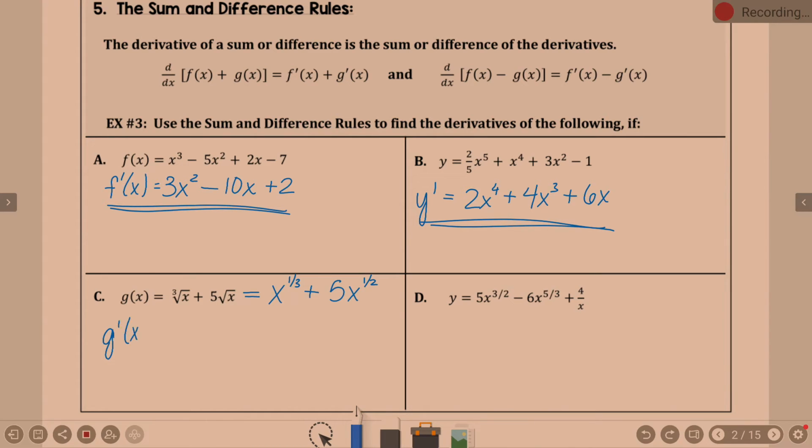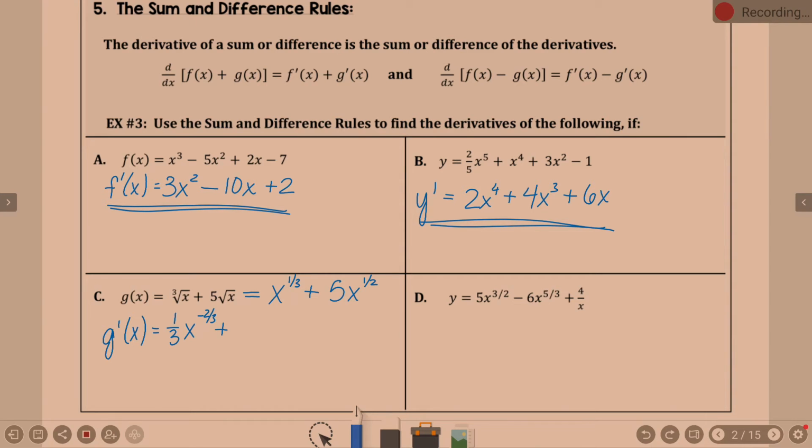Okay, g prime of x. Derivative of x to the 1/3: one-third comes out front. x to the negative 2/3, because 1/3 minus 3/3.